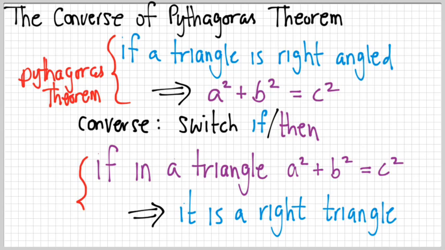So that's the converse of the Pythagorean theorem. Basically it's a way to test whether or not a triangle is a right triangle. You take the short sides, square them and add them up, and then square the longer side, and that tells you yes or no, is it a right triangle.